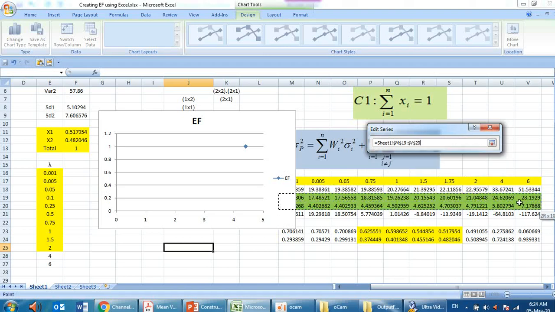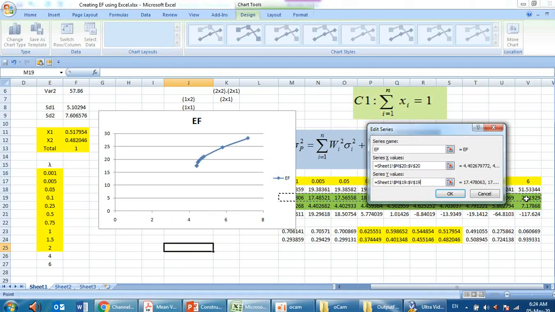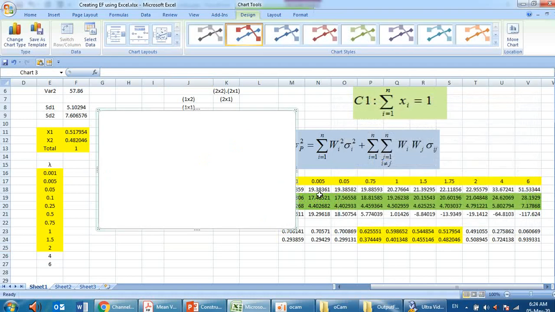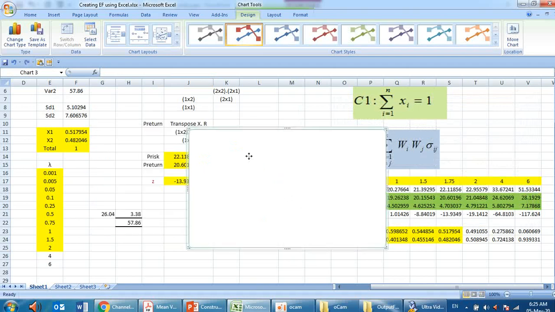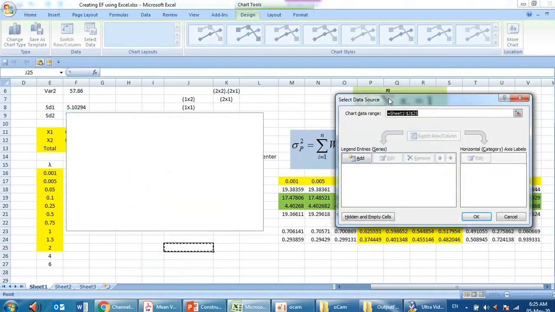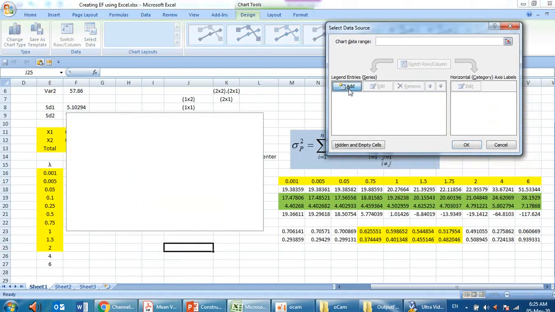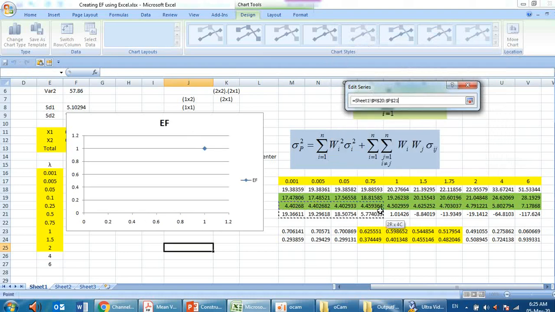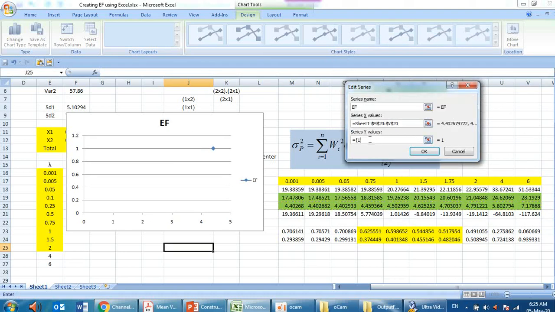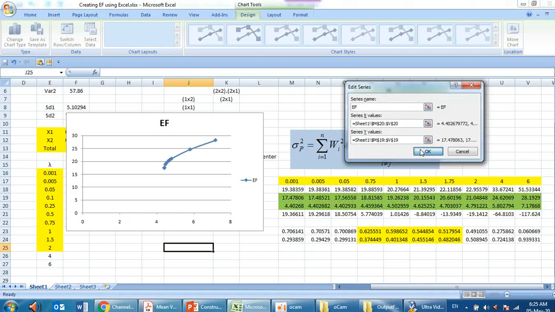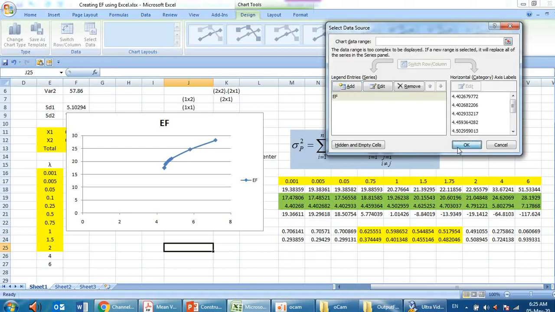Y is your return. I missed something out. So add efficient frontier. X is your standard deviation, Y is your return, and you get an efficient frontier.